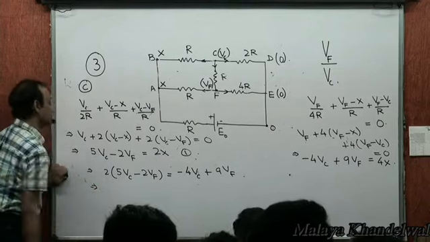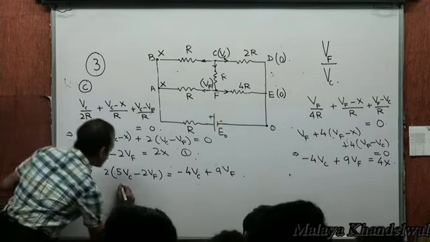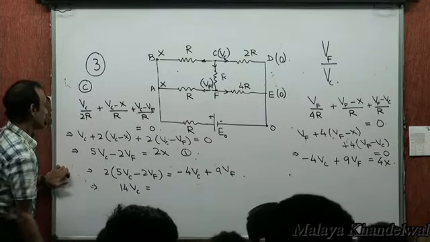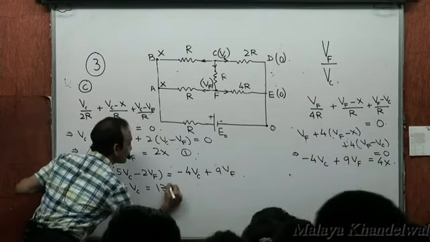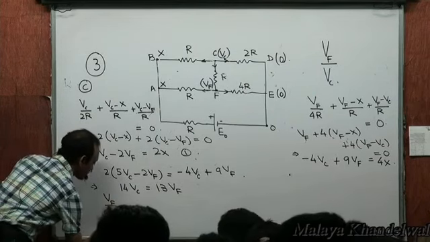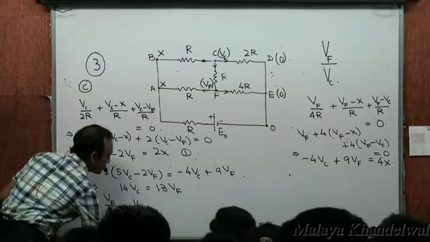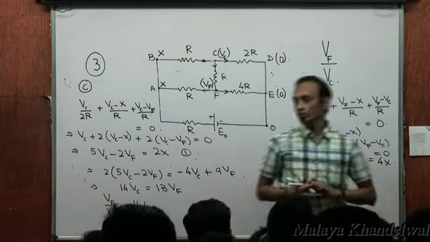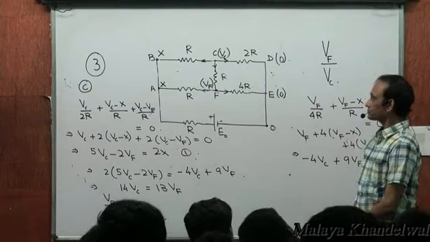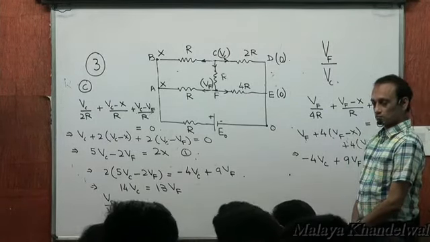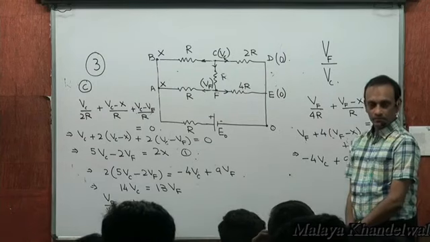So this gives me 14Vc equals 9 plus 4, 13 Vf. So Vf by Vc is 14 by 13. Got it? Shall we proceed?